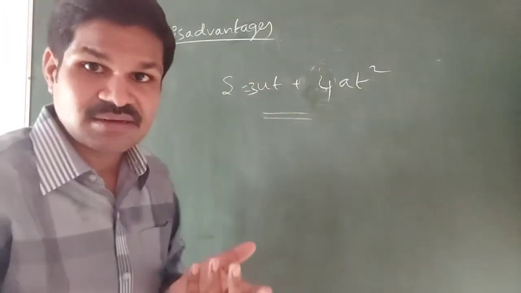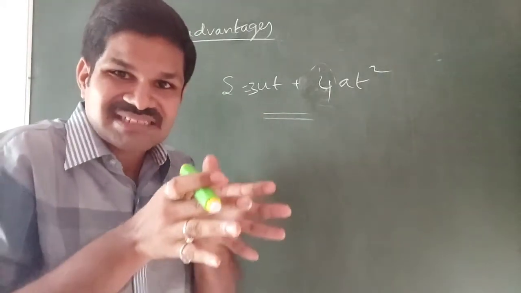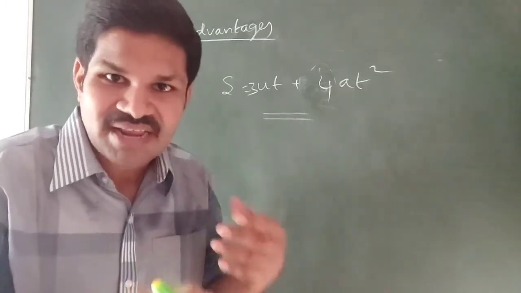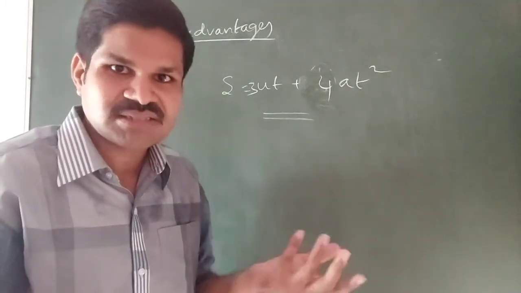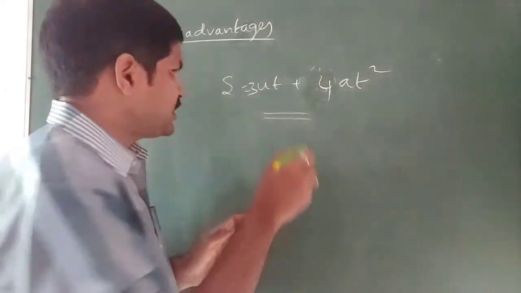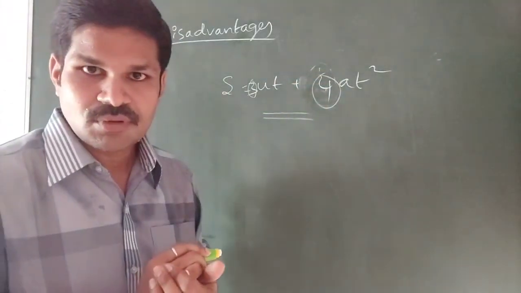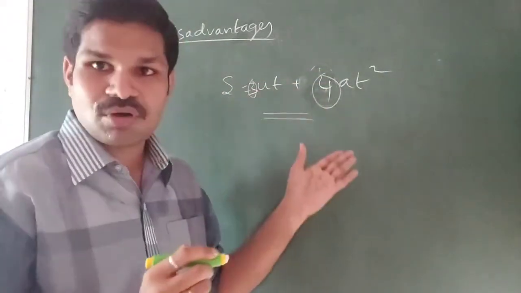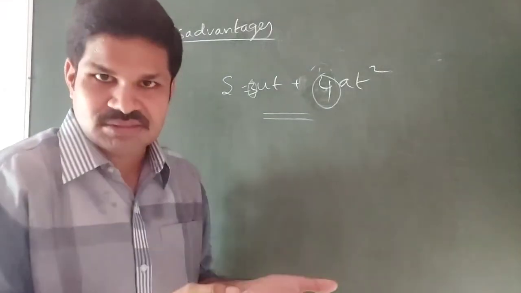So if the dimensional consistency exists for a physical relation, it doesn't mean that the physical relation is correct. Here I have just changed the constants, and the change in these constants results in errors.